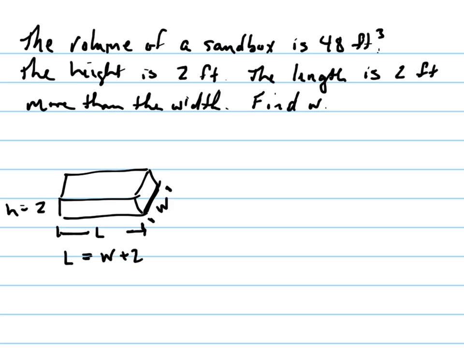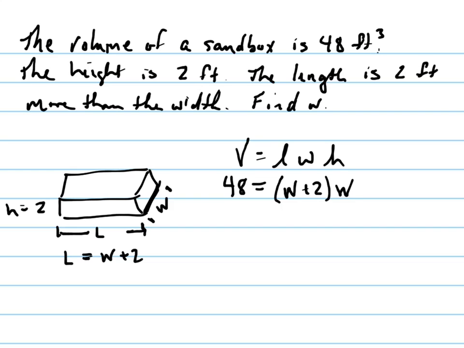And my formula, then, volume, remember, of a prism is going to be the length times the width times the height. So what I want to do is rewrite this problem with the values that I know, which are the volume, which is 48 feet cubed. The length I don't know, but I'm going to write it in terms of the width. You'll see why in a second.